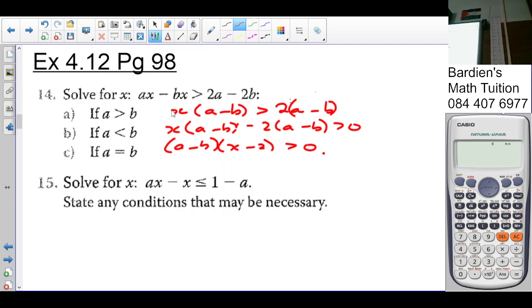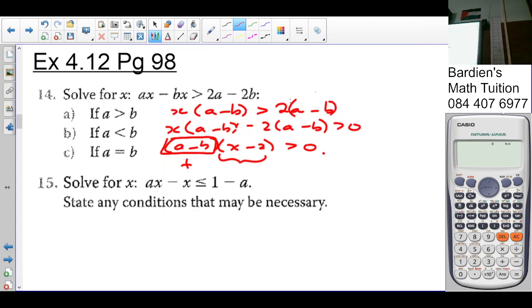So now if a is greater than b, which means to say this will be positive here. So for this to be positive, this bracket here has to be positive.